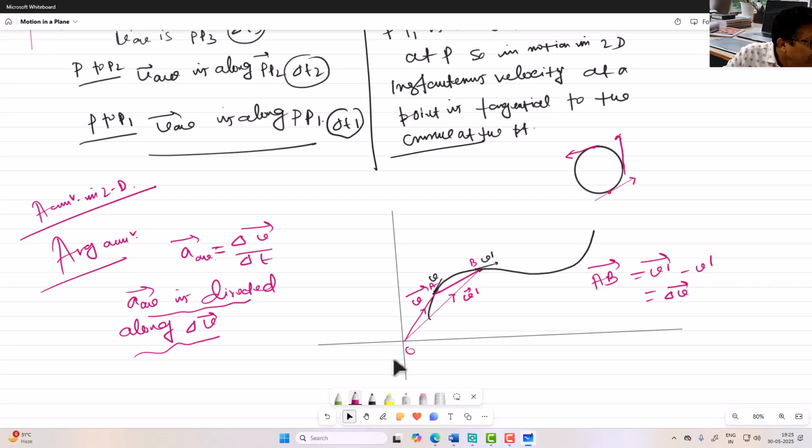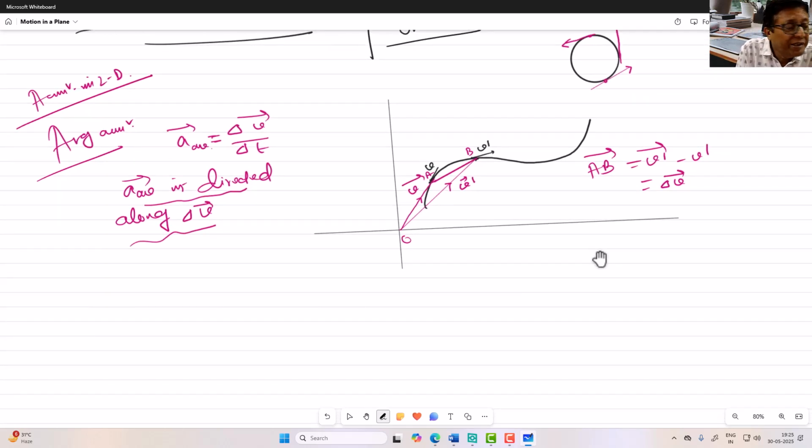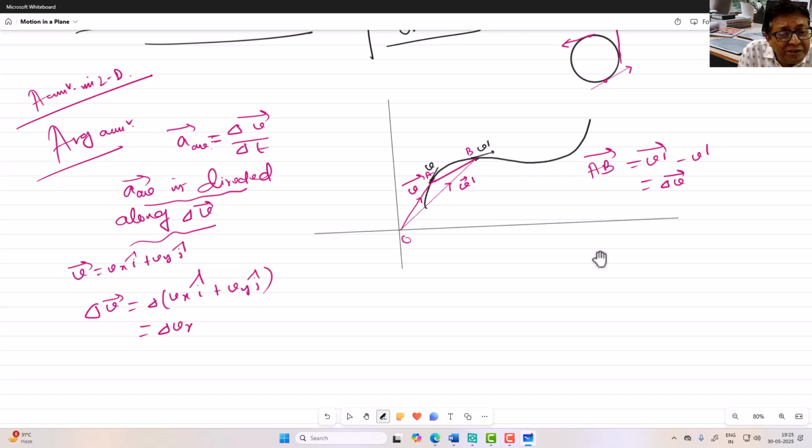But let me simplify it first. You write the delta V vector; you can write velocity in components, no? Vx i cap plus Vy j cap. So delta V vector will be delta Vx i cap plus delta Vy j cap.